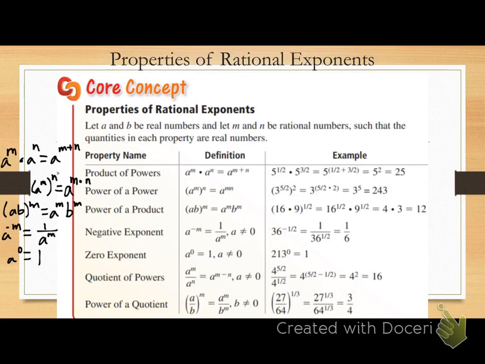Anything raised to the 0 power, except for 0, is 1. If I have a quotient of powers, I've got a to the m over a to the n. If we're dividing something with the same base, I can subtract my exponents. So a to the m over a to the n becomes a to the m minus n.